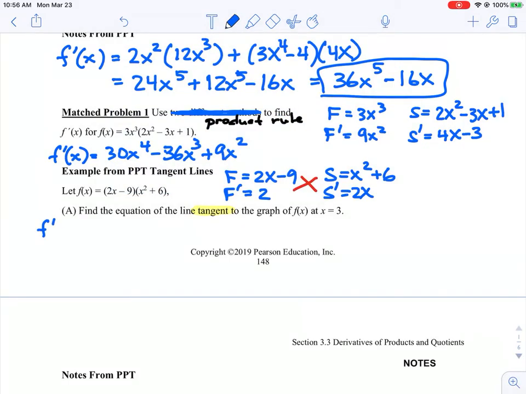So my derivative is going to be 2x minus 9 times 2x plus the square plus 6 times 2.